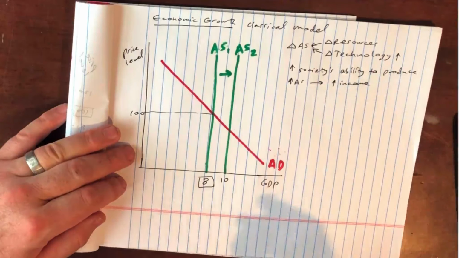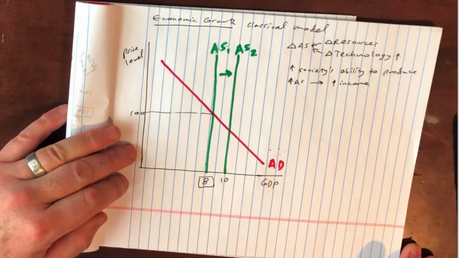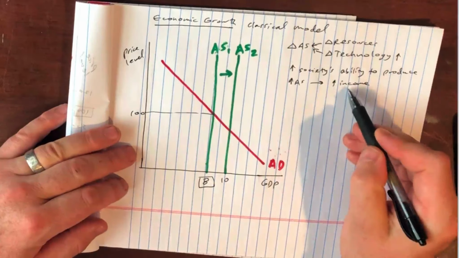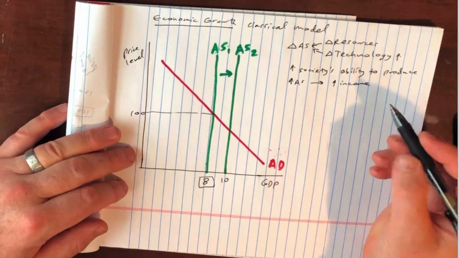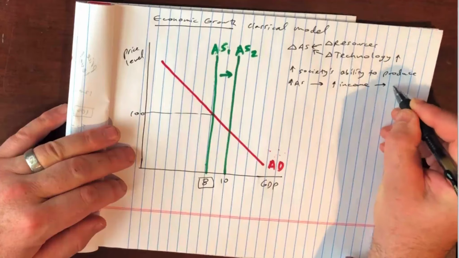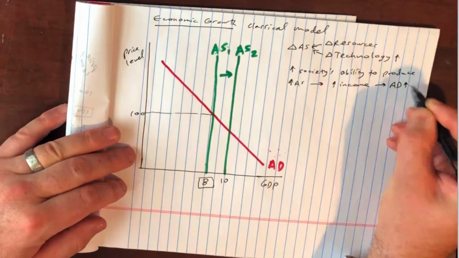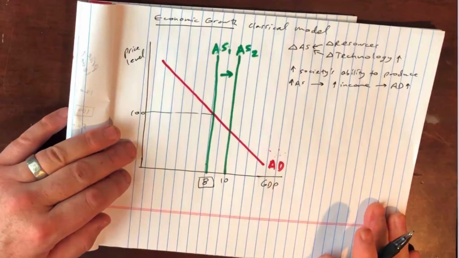Society is producing more than it was before. That income is then spent. So the increase in aggregate supply leads to an increase in aggregate demand.